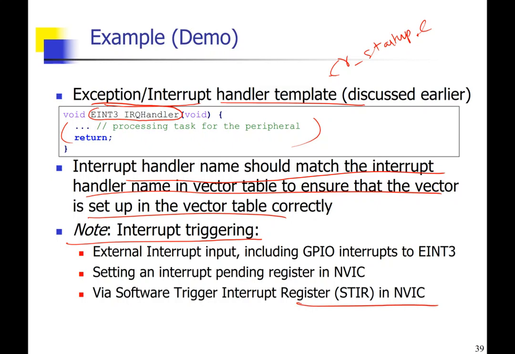So that will cause the interrupt to be triggered. Okay, so both are somewhat similar but slightly different, and in many cases it might be just easier to just use STIR followed by the exception number. Okay, and then the corresponding exception will be triggered, exception or interrupt.